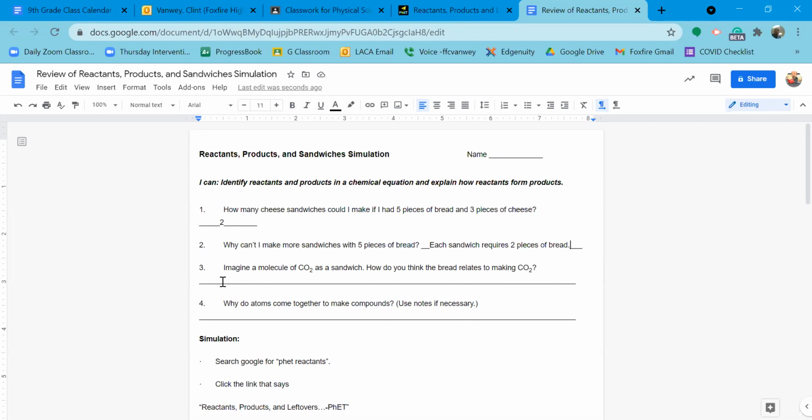Imagine a molecule of CO2 as a sandwich. How do you think the bread relates to making CO2? The bread, I think, would stand in for hydrogen. We could compare the bread to hydrogen. Or I guess in the case of CO2, I'm sorry, we could compare the bread to oxygen. Sorry, I was still thinking of water.